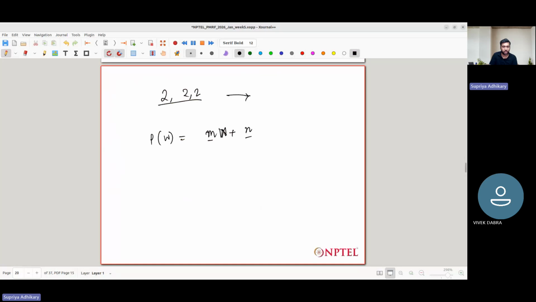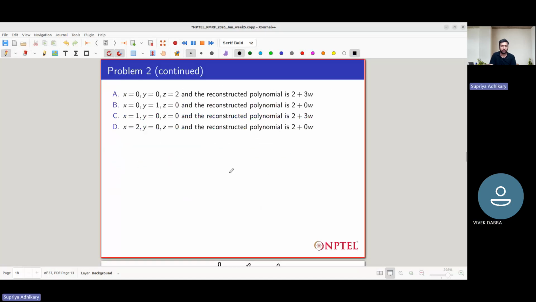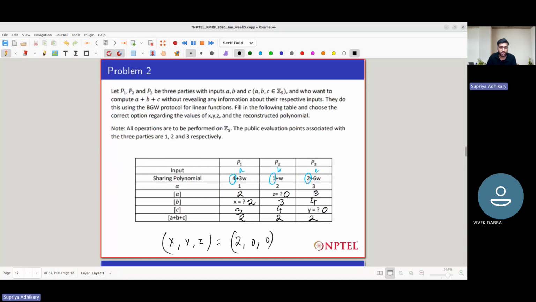It should not be a 2-degree polynomial, because in the BGW protocol, whatever the input polynomials were, if the input is a t-share, then the output should also be a t-share.